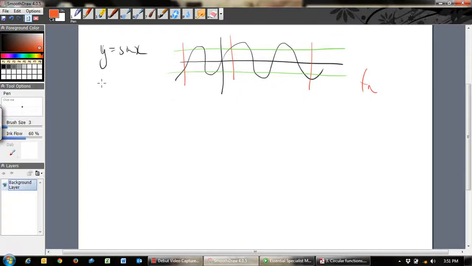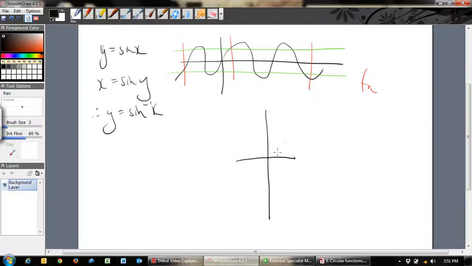So let's have a look at what the inverse of this would be. X equals sine y, therefore y equals sine negative 1 x. You would have learned methods to find inverse functions. There we go. So the inverse function is that. What actually happens to an inverse function, you'll remember, is that it gets flipped in the line y equals x.